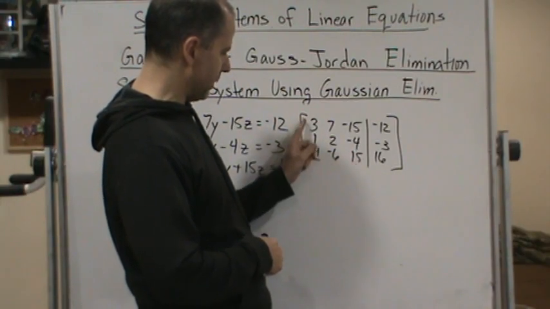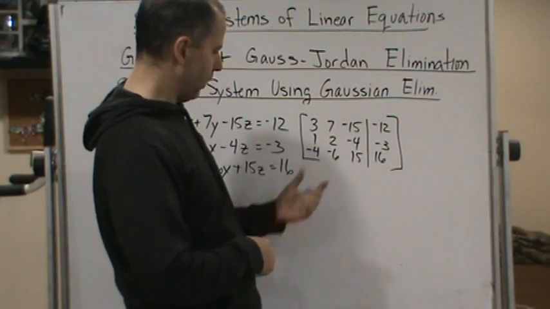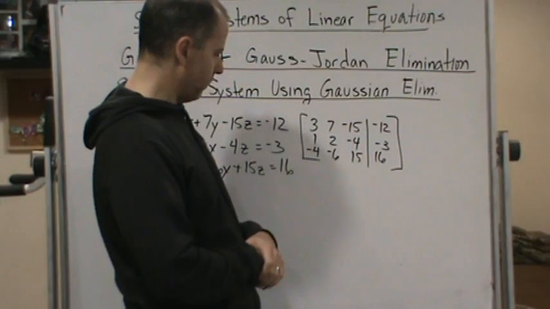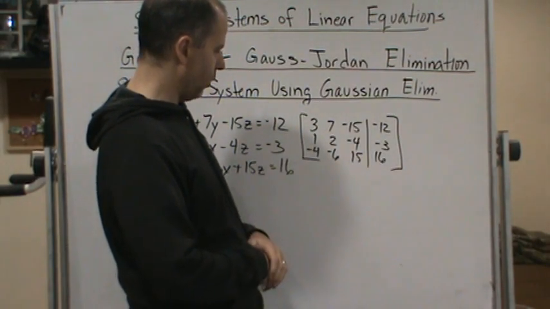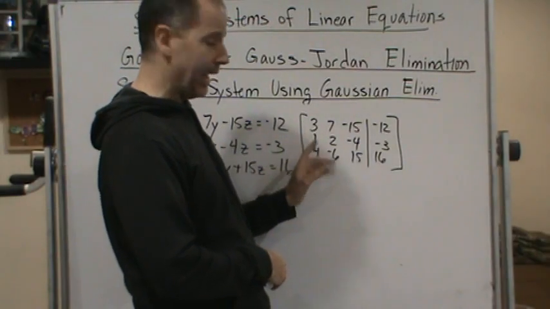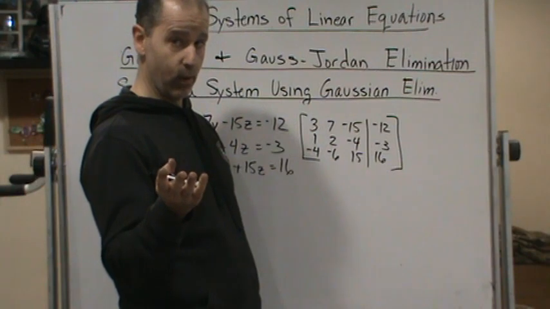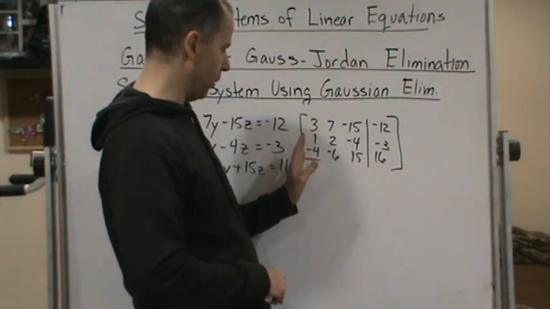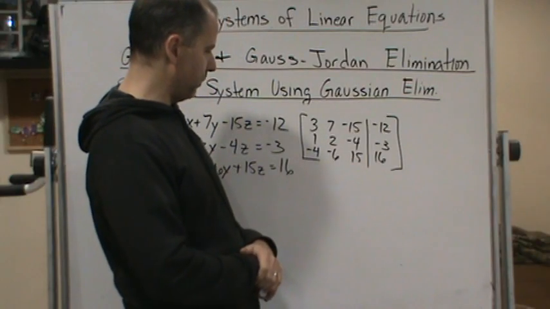So that gives us a diagonal of ones, and once we have an upper triangular form, that's the row echelon form, as you'll see. So we want each of these diagonals to be a 1.